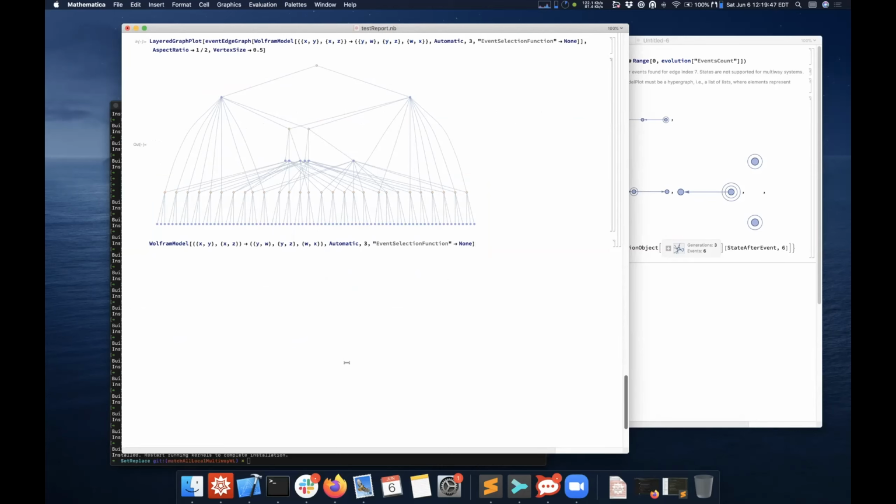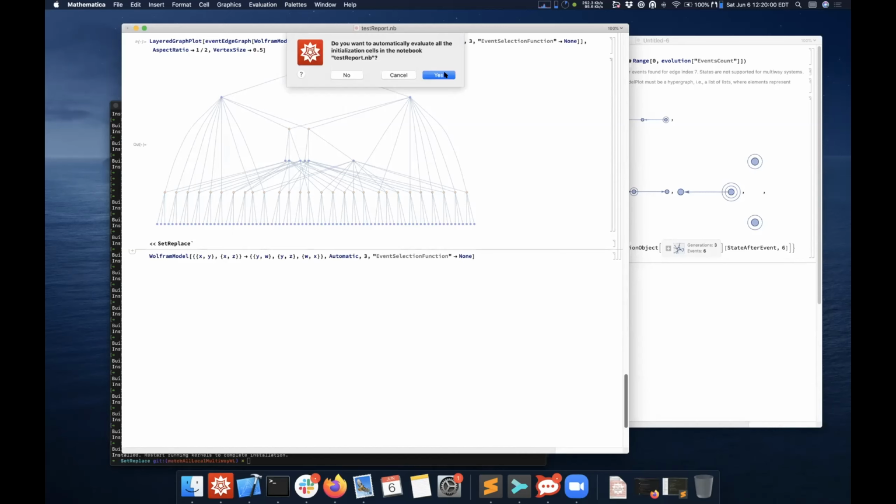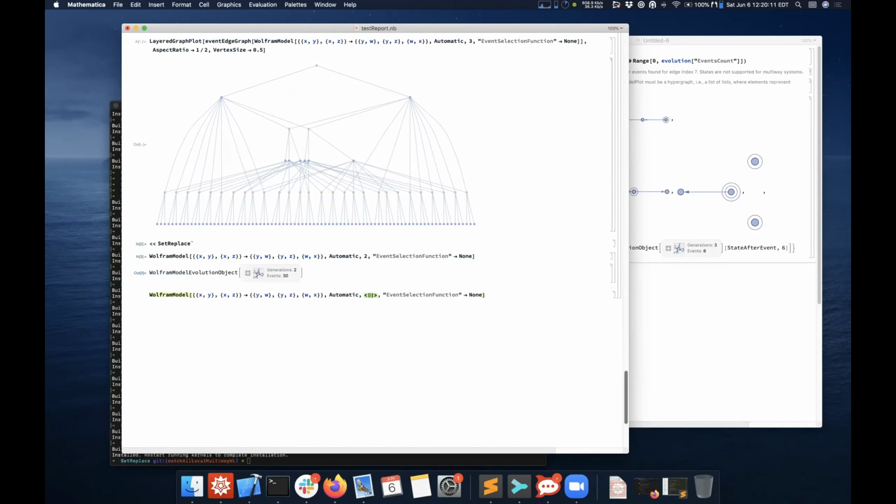Okay, let me just... I need to write it down. So don't forget to look at it. Okay, so 30 events for 2. Let me just check out.